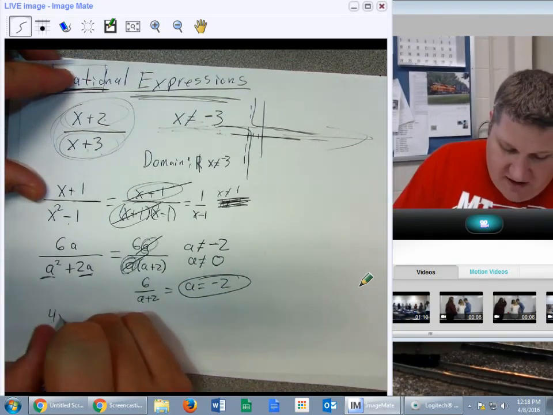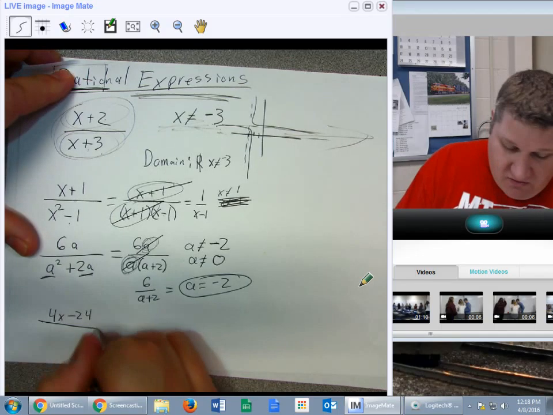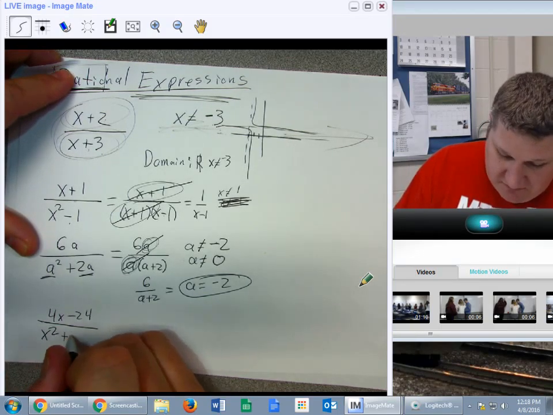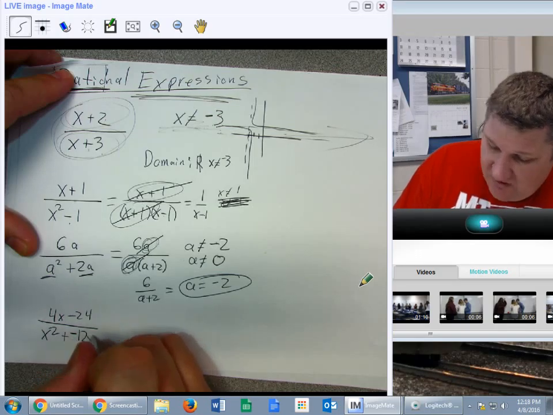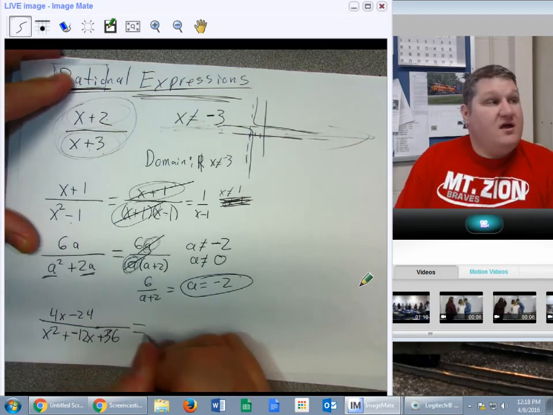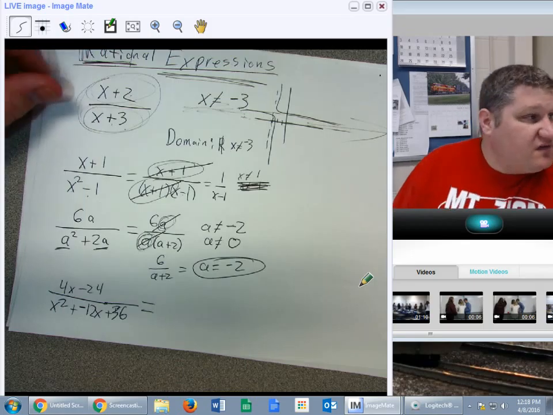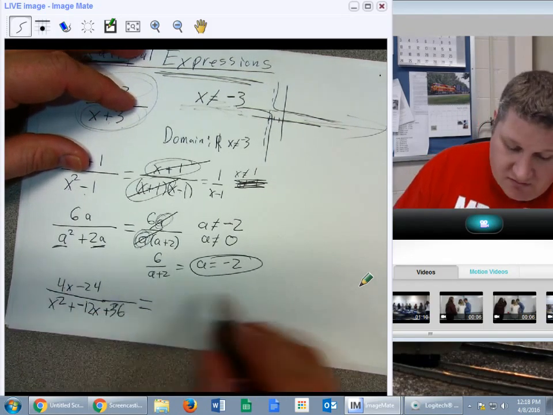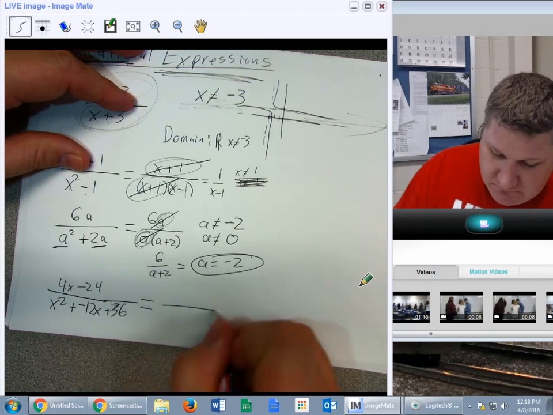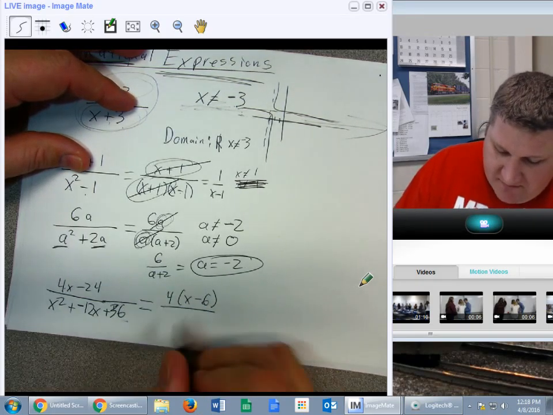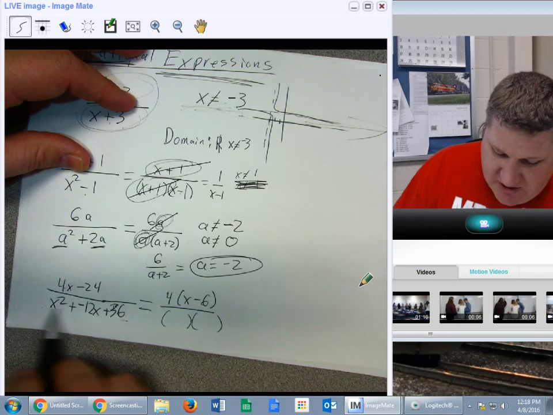All right, let's do a harder problem. Let's go 4x minus 24 over x squared minus 12x plus 36. In this case, what should I do to the top? I can take out a 4, leaving x minus 6. What can I do to the bottom? I try taking out common.